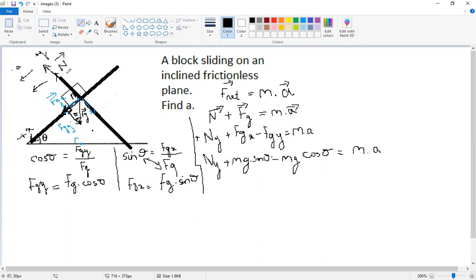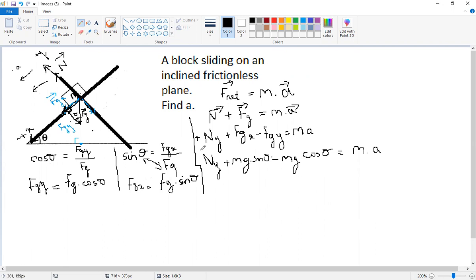Why? Because there's no acceleration along the y. So we can cancel the forces along the y direction, because the block is at rest along y and not changing its speed in any way.